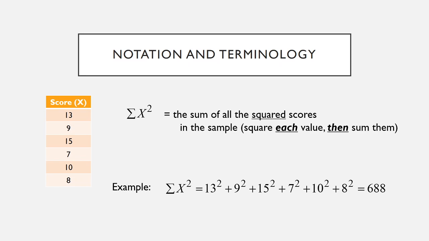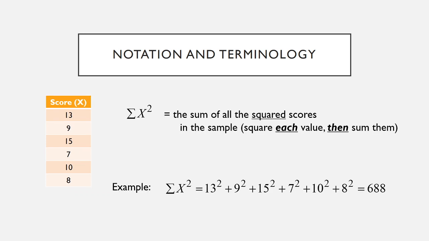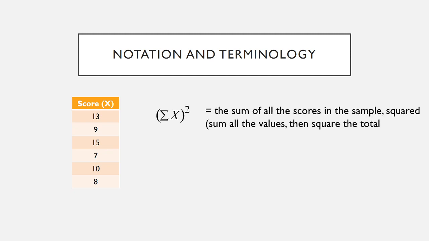Obviously, if you do this when you were supposed to do this, imagine just how off your numerical calculations are going to be. It's a simple distinction, but if you don't see parentheses, make sure you square first, then sum. I'm belaboring the point because trust me when I say this continues to be the number one thing that students screw up on in doing calculations on exams, is neglecting to square before they do a summing.